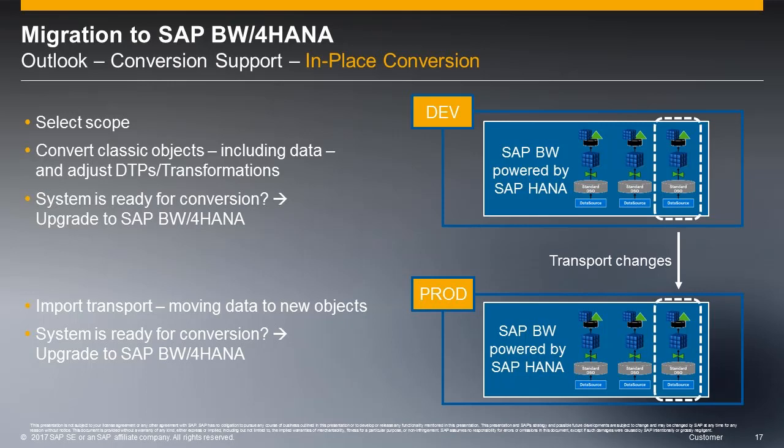The advanced data store object, the composite provider, the info object, and the open ODS view. So everything that you brought in or that was part of your database migration, that existing scenario can continue to run, right? To run for as long as you want it to run or as little, right? If you want to do the conversion right away, you can do that.